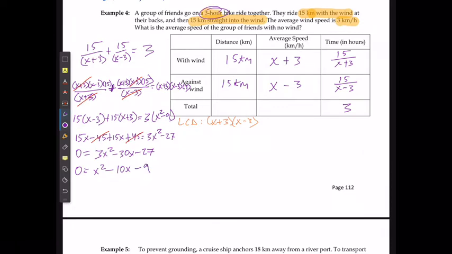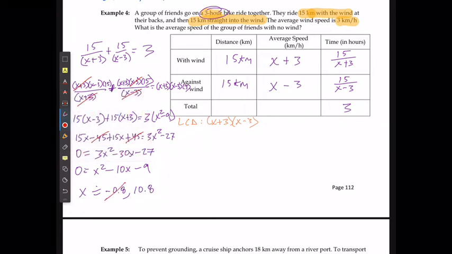And this I actually can't factor, so at this point I'd use my quadratic formula, completing the square, one of those methods that you're most comfortable with, and find that x is going to be approximately negative 0.8 or 10.8.